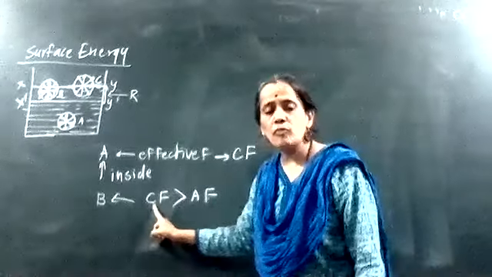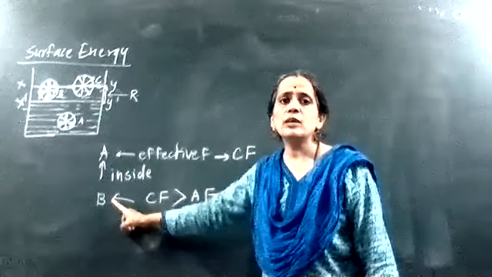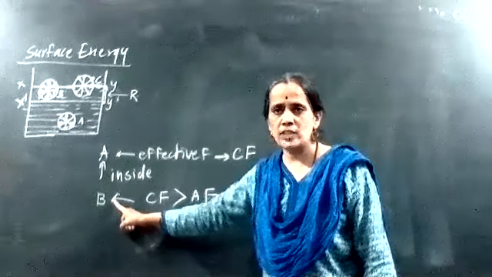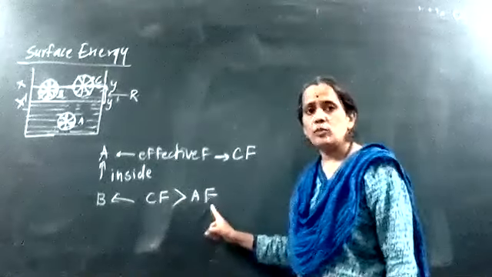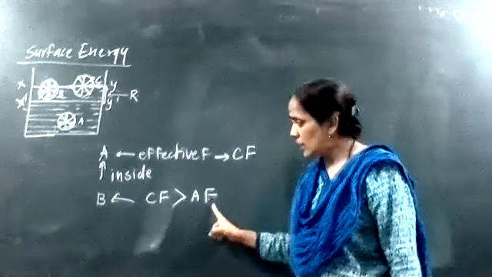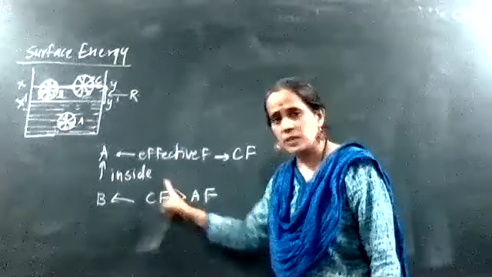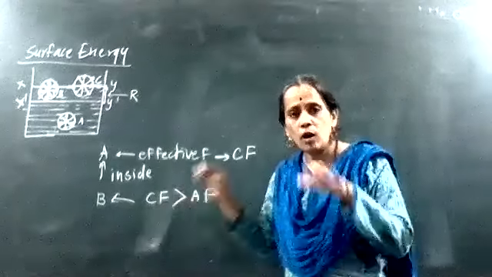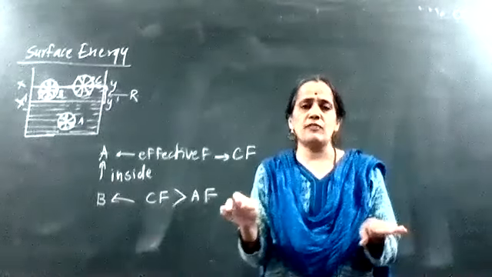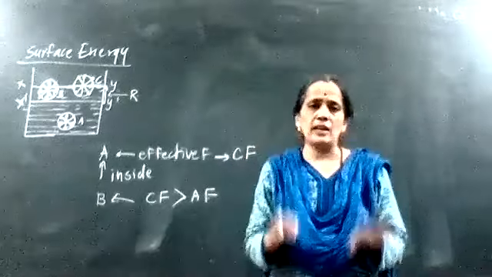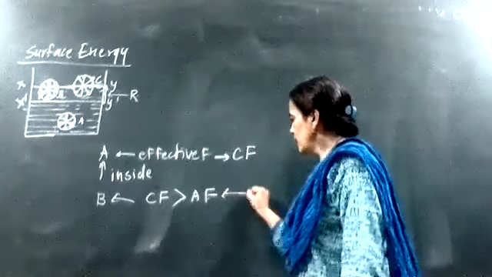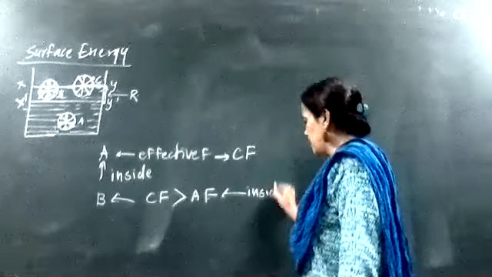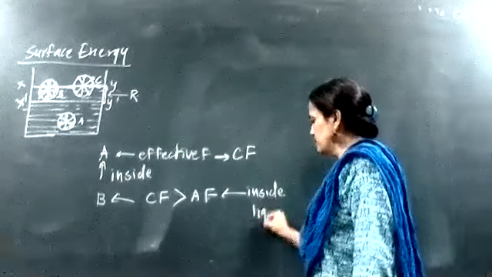So the magnitude of cohesive force acting on the molecules present in the surface film is more than that of the adhesive. Therefore, due to the action of this cohesive force, all molecules present in the surface film try to remain inside the liquid.